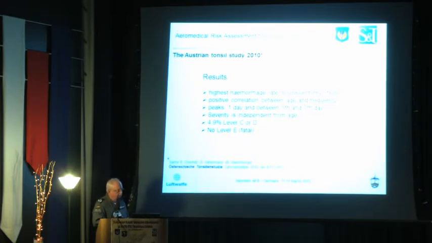The severity is dependent on age, and 4.9% had a bleeding level C or D. That means a bleeding which has to be managed by general anesthesia. C, normal operation, and D with transfusion necessary. In this study, no fatal level was determined.